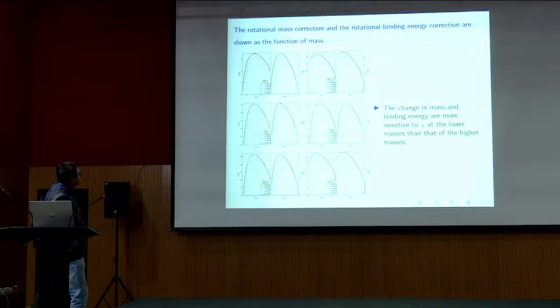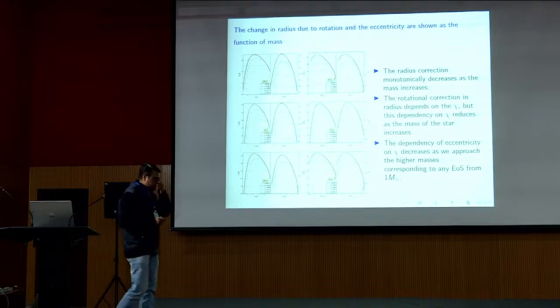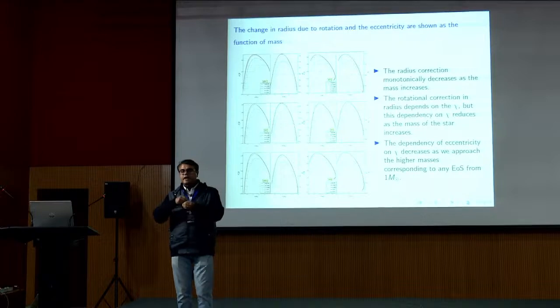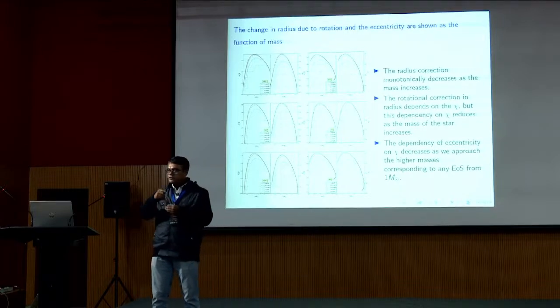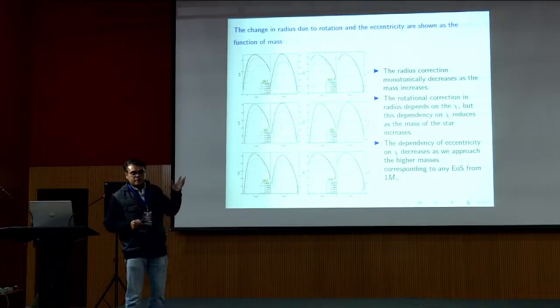And for the change in the radius due to rotation and the eccentricity, I want to mention that we have taken the order up to the second order of the rotations, and that calculation is very complicated. So we have done this for FRT gravity.